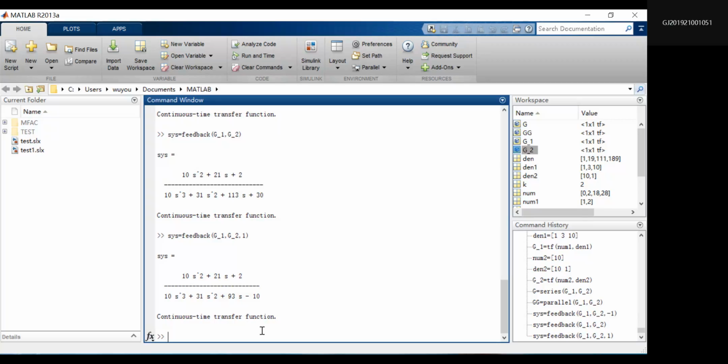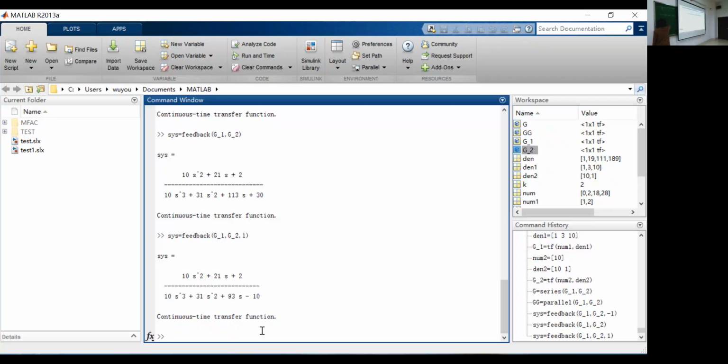First, as long as you know the numerator and denominator for the system, you just use the tf code to get a transfer function.